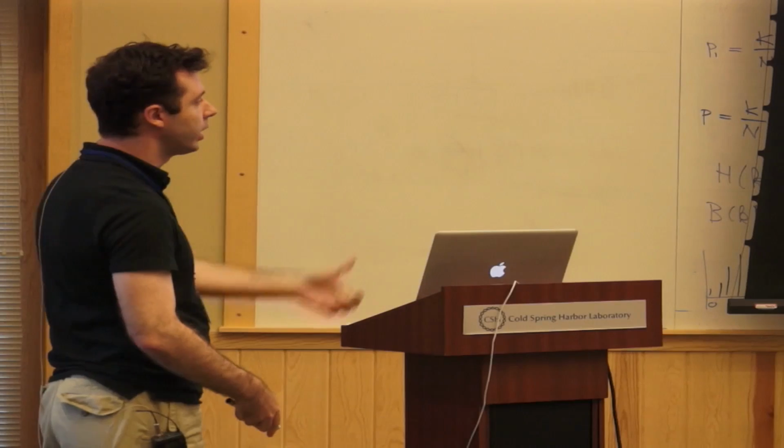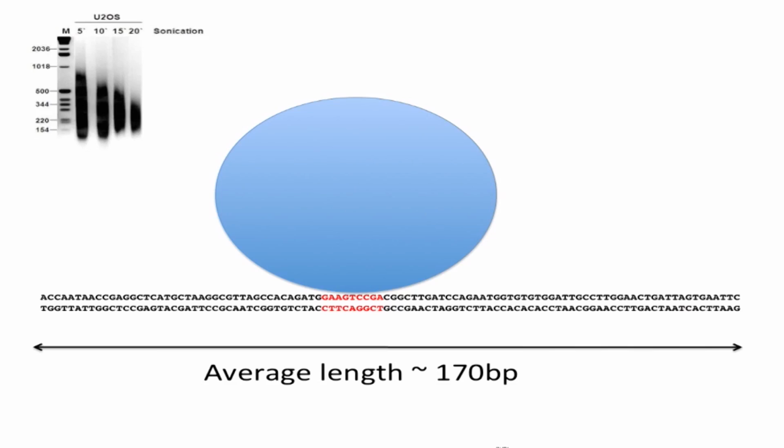There are other techniques that one can use to narrow down the piece of DNA more to the protein-DNA interface. One of these techniques is called ChIP-exo, where you use an enzyme to digest the DNA that's not involved in cross-links with the protein.